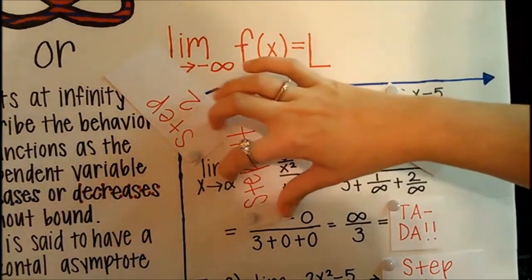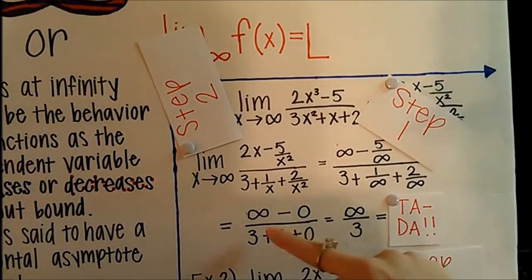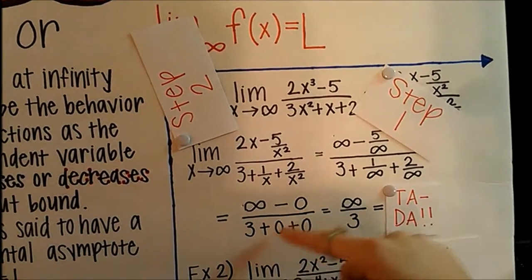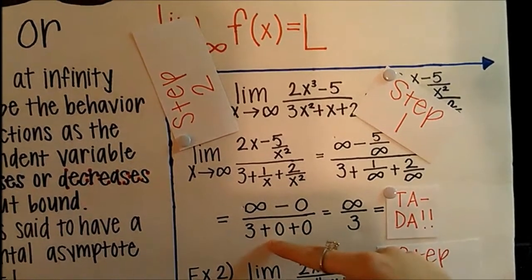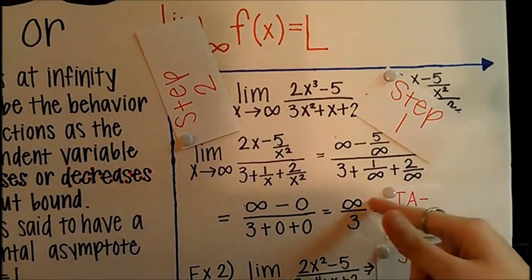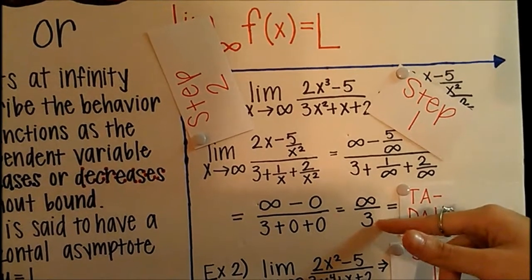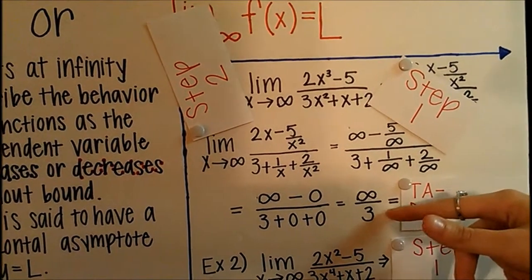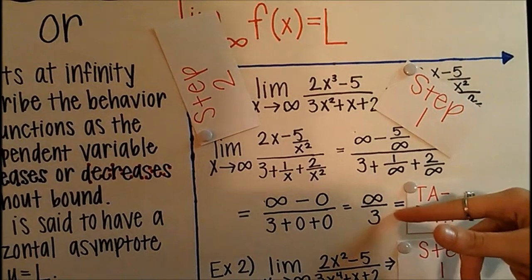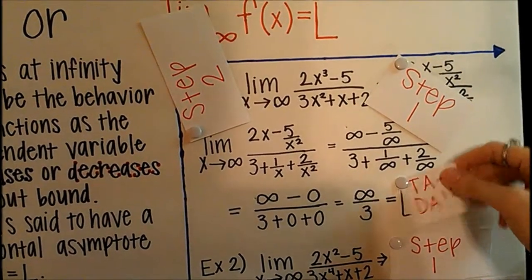So this will leave us with infinity minus 0 all over 3 plus 0 plus 0, which equals infinity over 3. And like our limit theorem says, infinity over any number is equal to infinity. Ta-da!